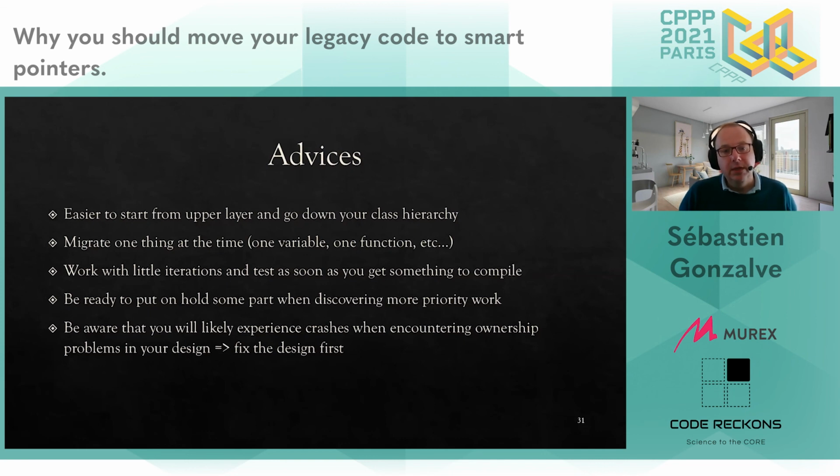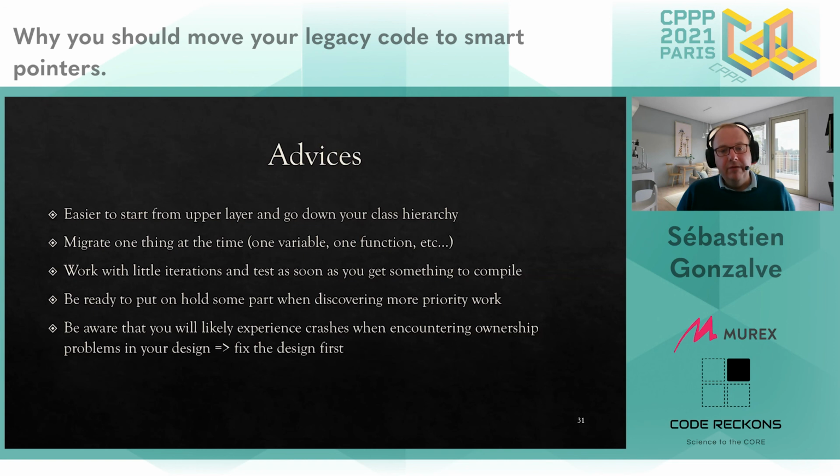Focus on one thing at a time. Don't try to change everything upfront. It's just too much work. So try to find little things and do them one by one. Use Git or things like this to help you. If you begin something and you think you have to go back, stash things in Git and just begin another change that remains small.